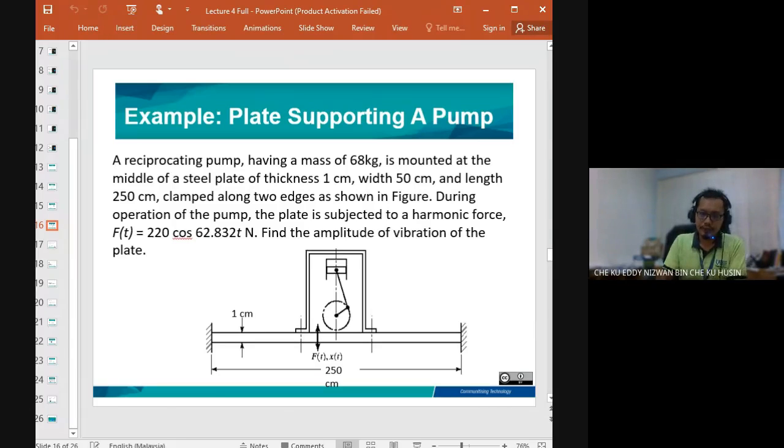Okay, so when the question asks to find the amplitude of vibration, it means that you only have to solve for the X value, the capital X. In this case, no initial conditions are given, so you just have to consider the steady state response, which is based on the direct equation.